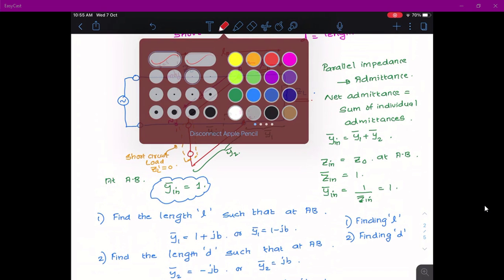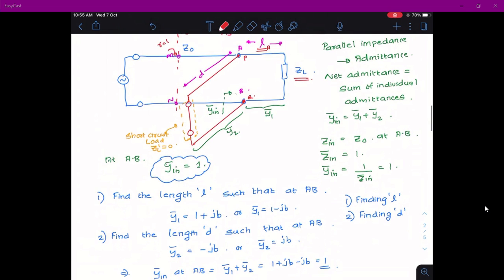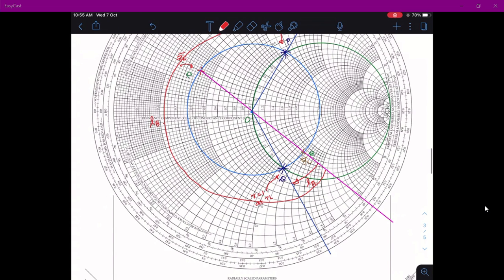Now you find the distance LA. To find the distance LA, it should be done in terms of lambda.